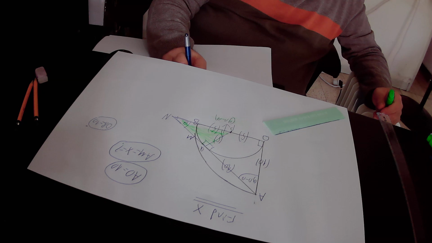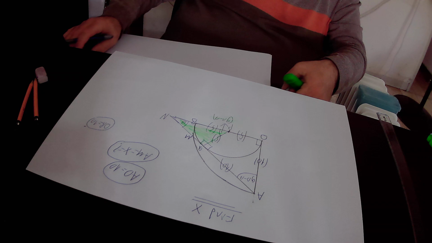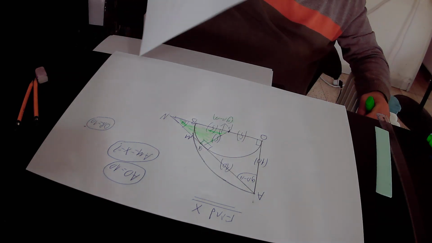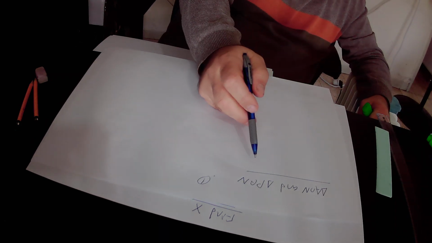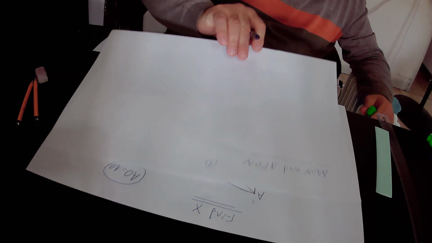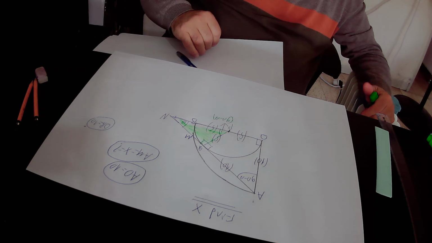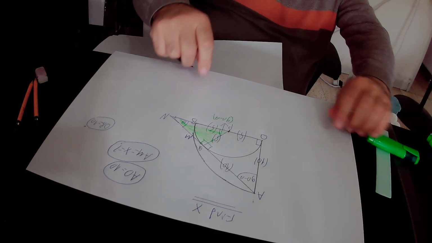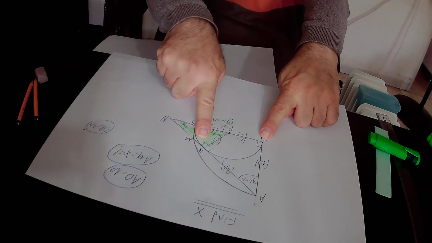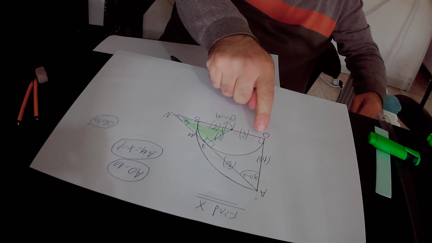We will prove that the big right triangle AON is similar to the small green right triangle PQN. Okay, so why are those two right triangles similar to each other? First of all, those two angles are both equal to 90 degrees, therefore they are equal to each other. So this is the angle in the big right triangle, it is angle AON.